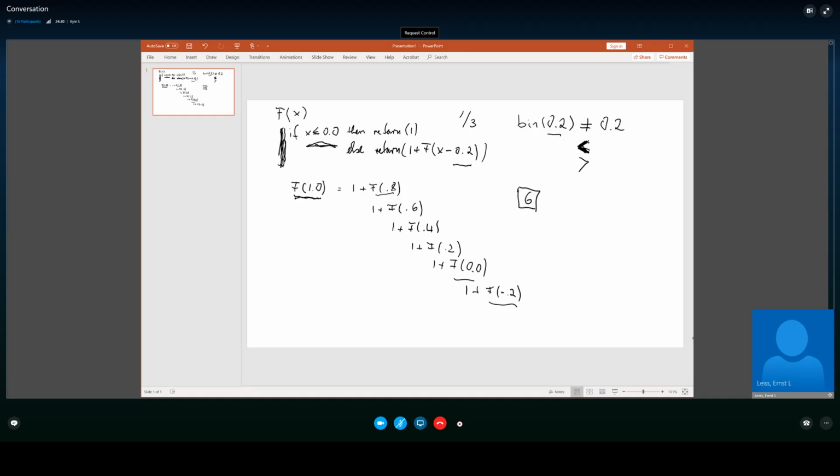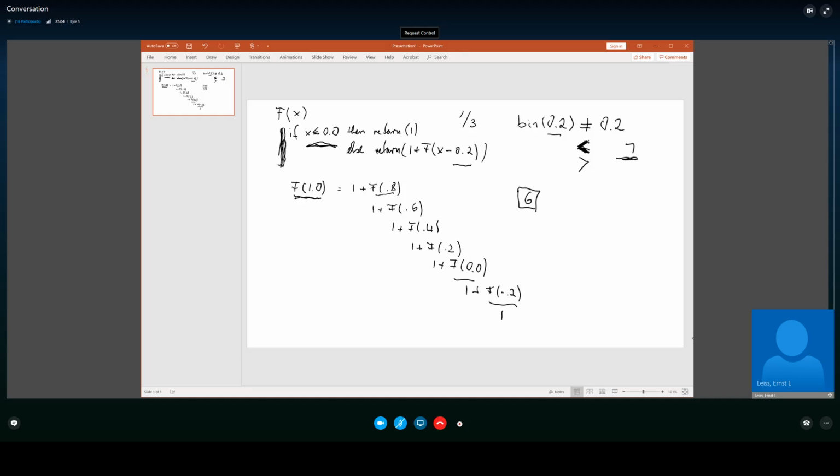This is greater than 0.0, so x less than or equal to 0 is not true, and so we have another recursive function call, which means we get 1, 2, 3, 4, 5, 6, 7. That's if the binary representation of 0.2 is, in fact, a little smaller than the decimal.